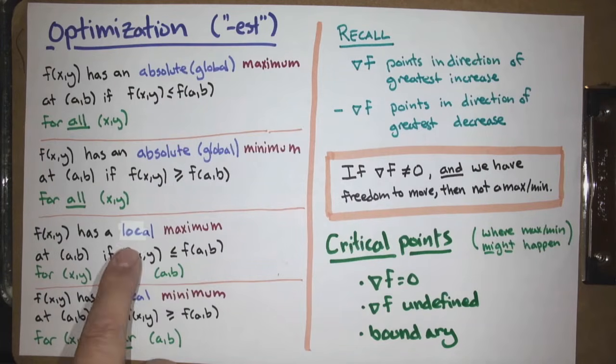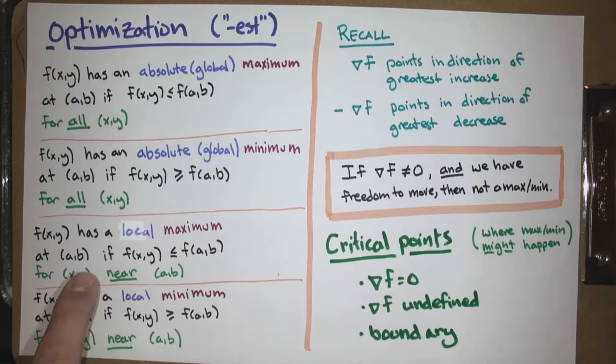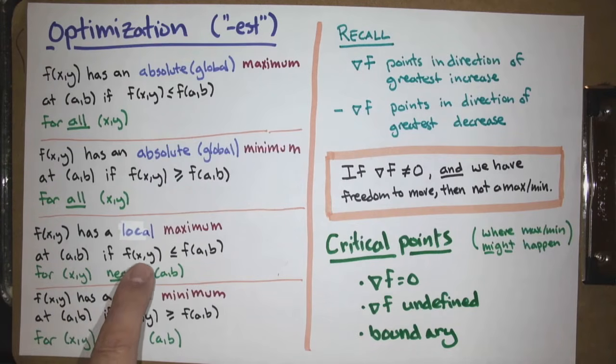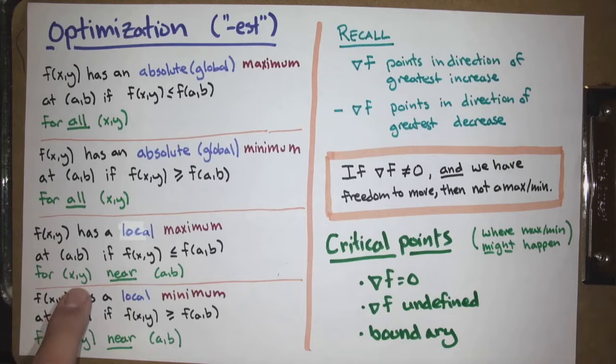You're a local maximum if everything nearby that you plug in is smaller than where we're at, but when you restrict, I only need to see what's happening near the point I plug in. So absolute max, you look over all possible inputs. Local max just says very nearby, very close.